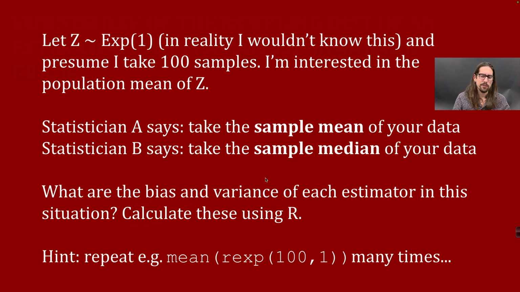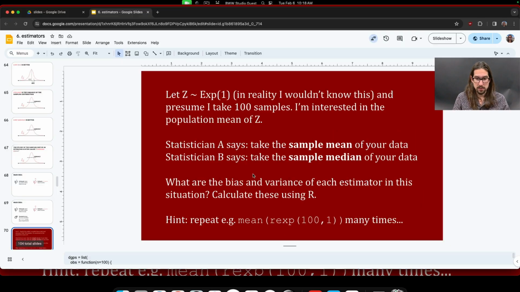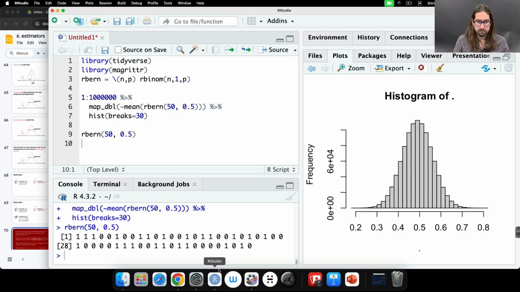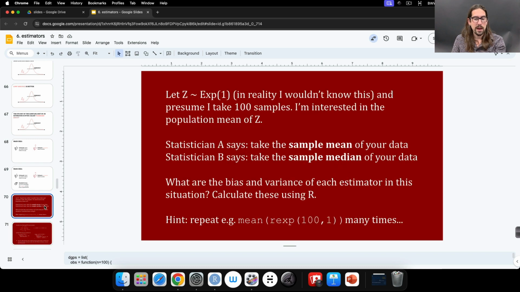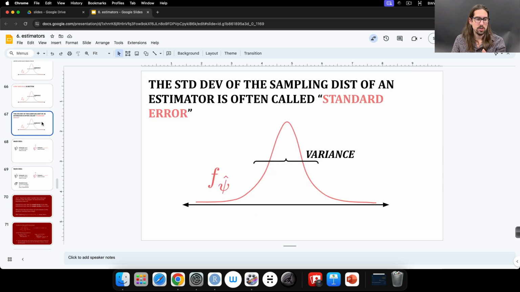So what's the bias and variance of the estimators in this situation? We can calculate them using R. So we have to set up the simulation. It's going to look like this. Again, you can break this down if you want. We have to generate the sample. The bias and variance depend on the sampling distribution, right?